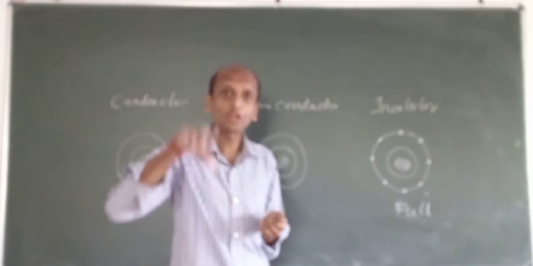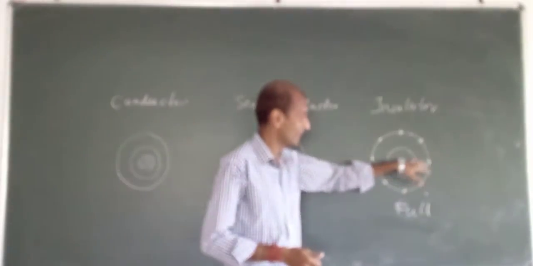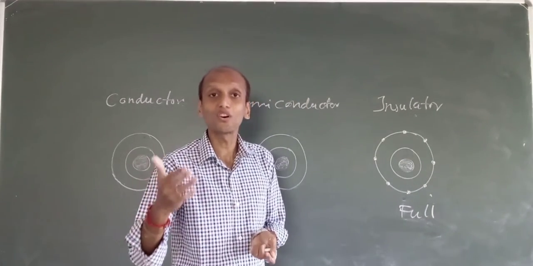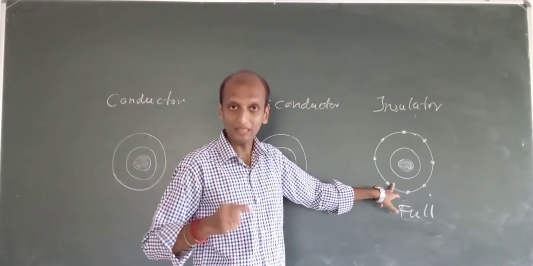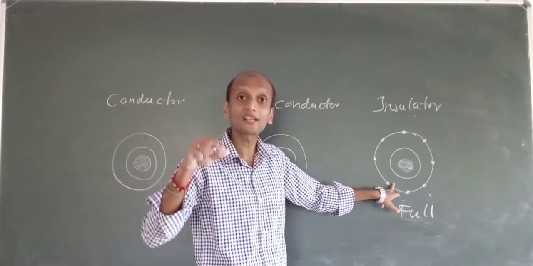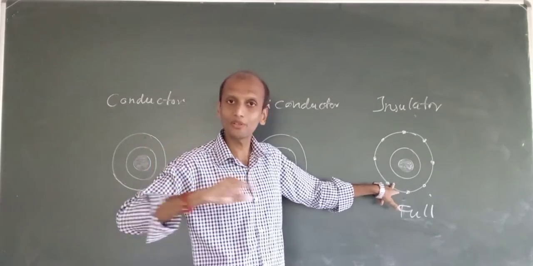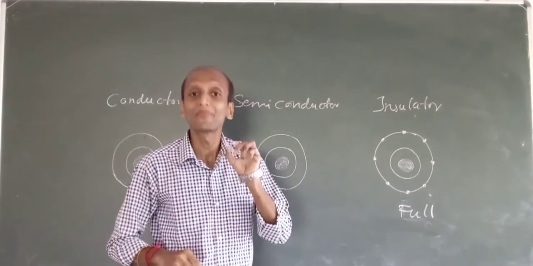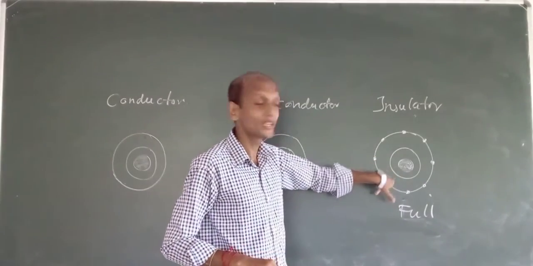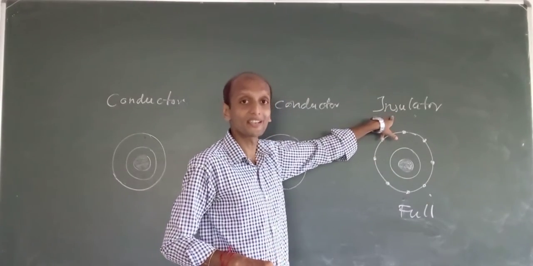Then if the valence electrons count is nearer to 7 or 8, and 8 means totally full, isn't it? So if it is so for a particular given atom, such an atom will come into the insulator category.